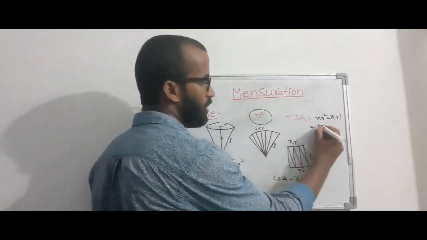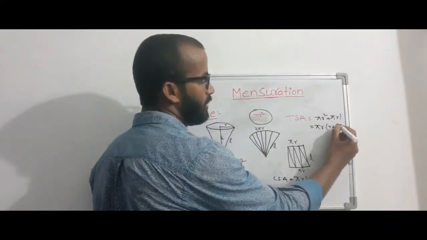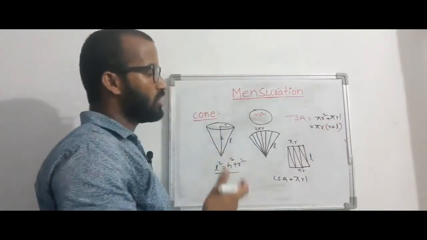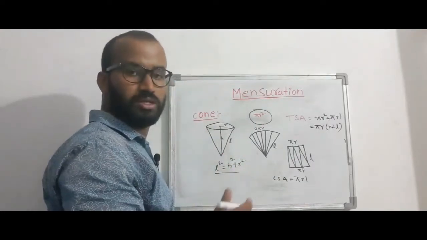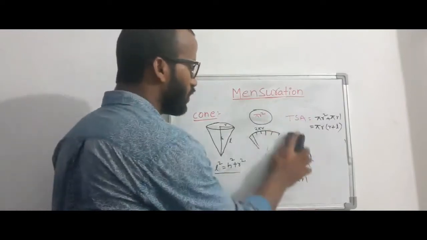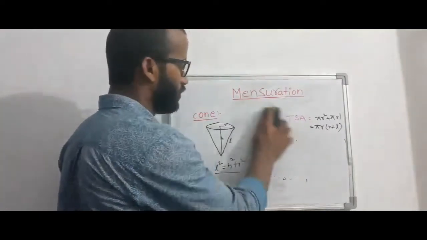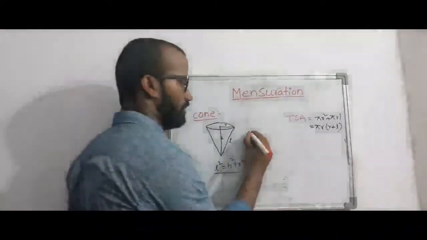If I take pi r common, total surface area is equal to pi r into r plus L. This is the total surface area. Now, how are we going to calculate the volume of a cone?